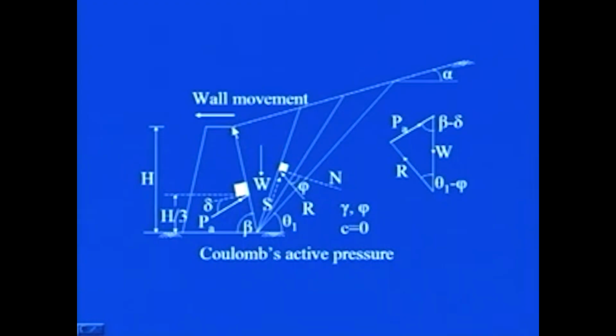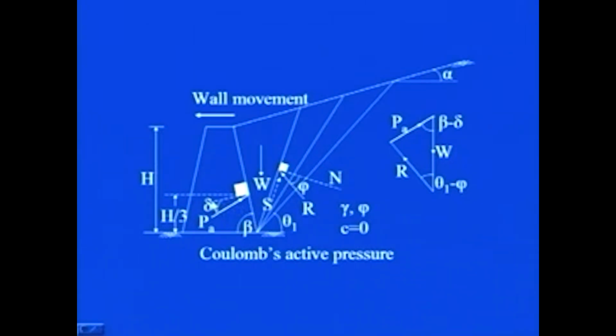Now, the backfill is inclined at an angle of alpha with the horizontal. Let us say I consider this wedge to be the trial wedge, and then the back face of the wall is inclined at an angle of beta from the horizontal, as shown in this figure.